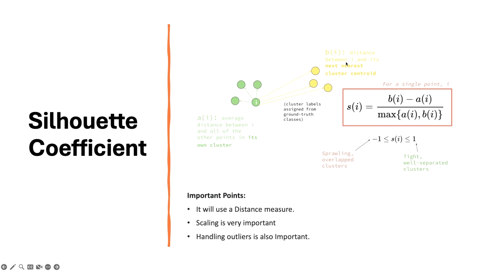And here we also calculate the distance between point i and the nearest cluster centroid. We calculate this and also divide by the maximum distance. So this is a measure of how your data points are clustered into different separate clusters, a measure of the goodness of clustering.